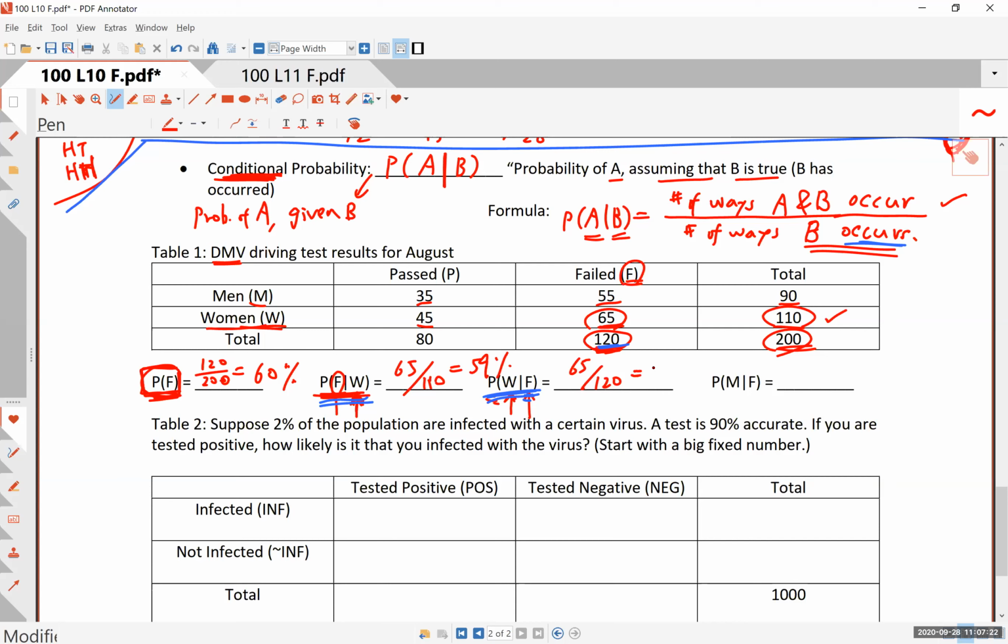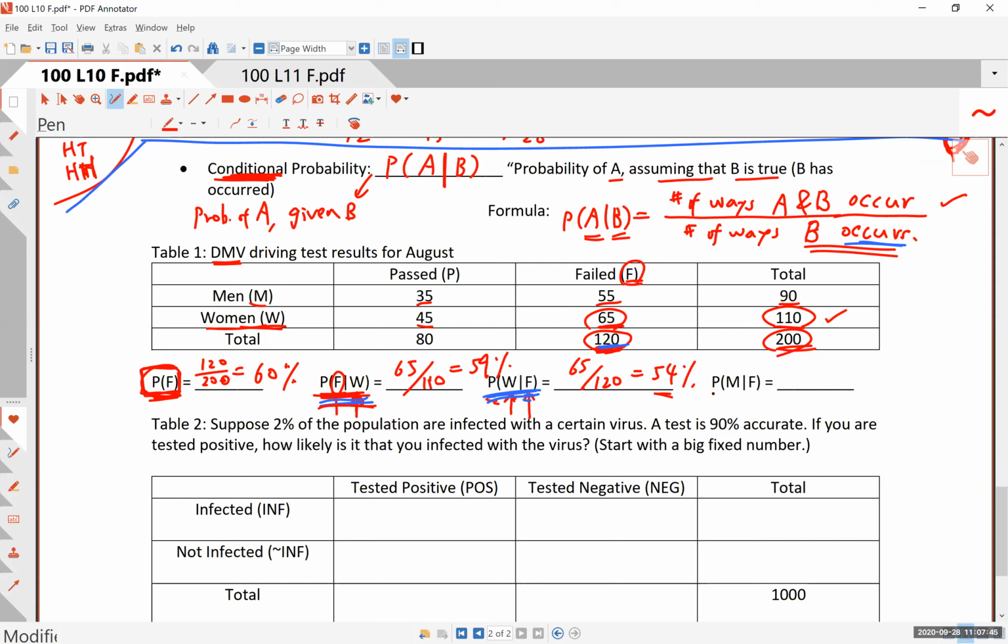And this number is slightly different. That's 54%. So let's review the conditional probabilities. The probability that the person failed, given that it was a woman, is 59%. But the probability that the person was a woman, given that the person failed, turns out to be 54%.